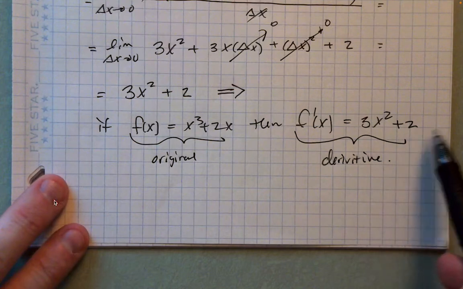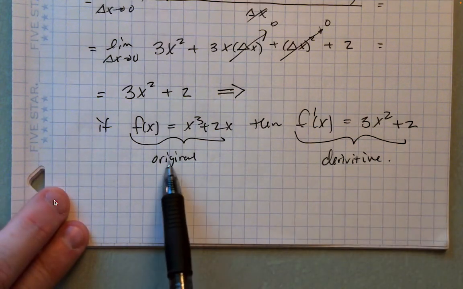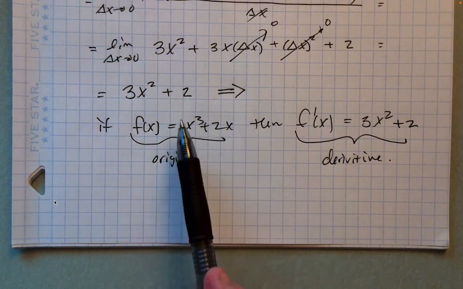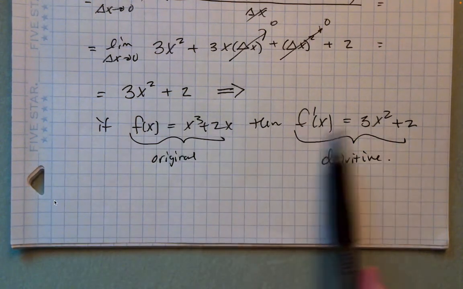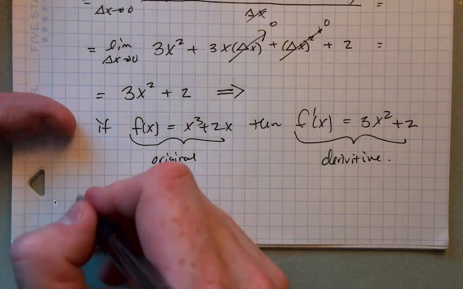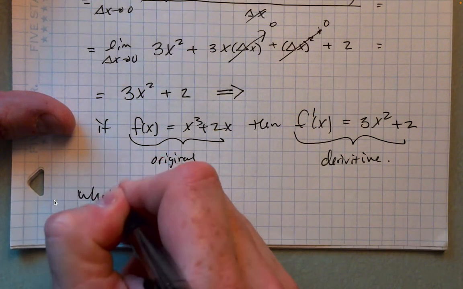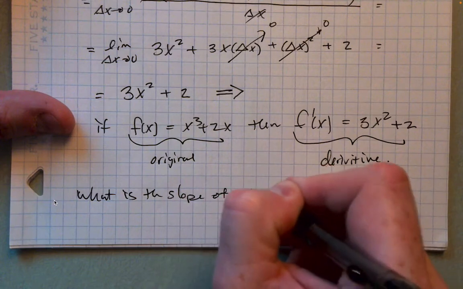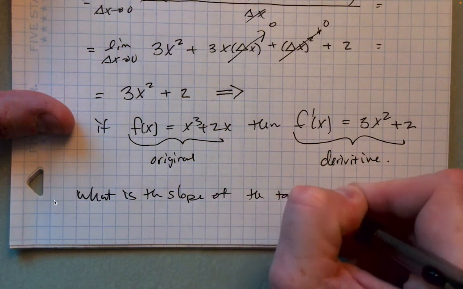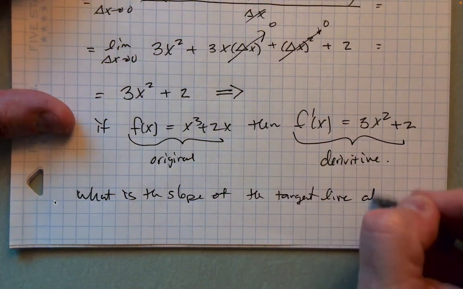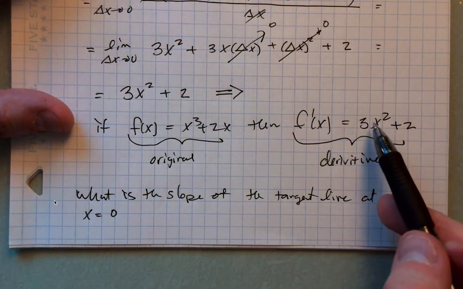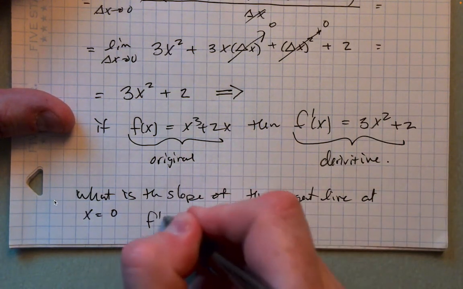Well, the derivative tells you the slope of the original function, of the tangent line, at any point in the domain. So for example, if someone were to ask what's the slope of the tangent line at x equals 0, I could just find f prime of 0.